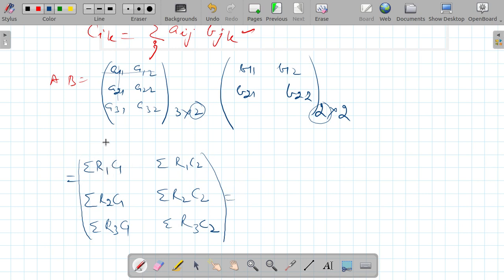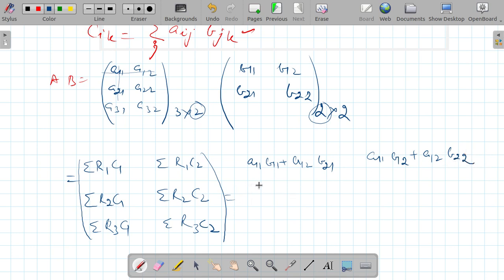So let us multiply these corresponding elements. It can be written as A11B11 plus A12B21. This is this with this and this with this, right? Then another element will be first row second column. So it is A11B12 plus A12B22.